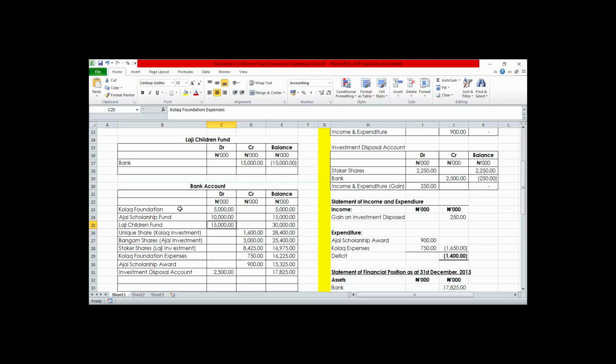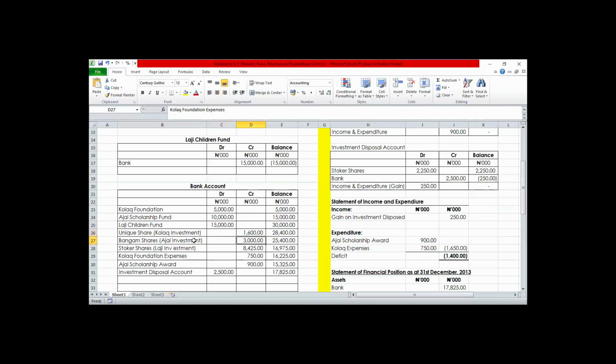Then, from the money they paid into that account that Wazobia is managing, Wazobia now invested the money in the following investments. The Unique share for Kola bought at 1,600,000 stated here. Banga share was purchased on behalf of Ajayi investment.